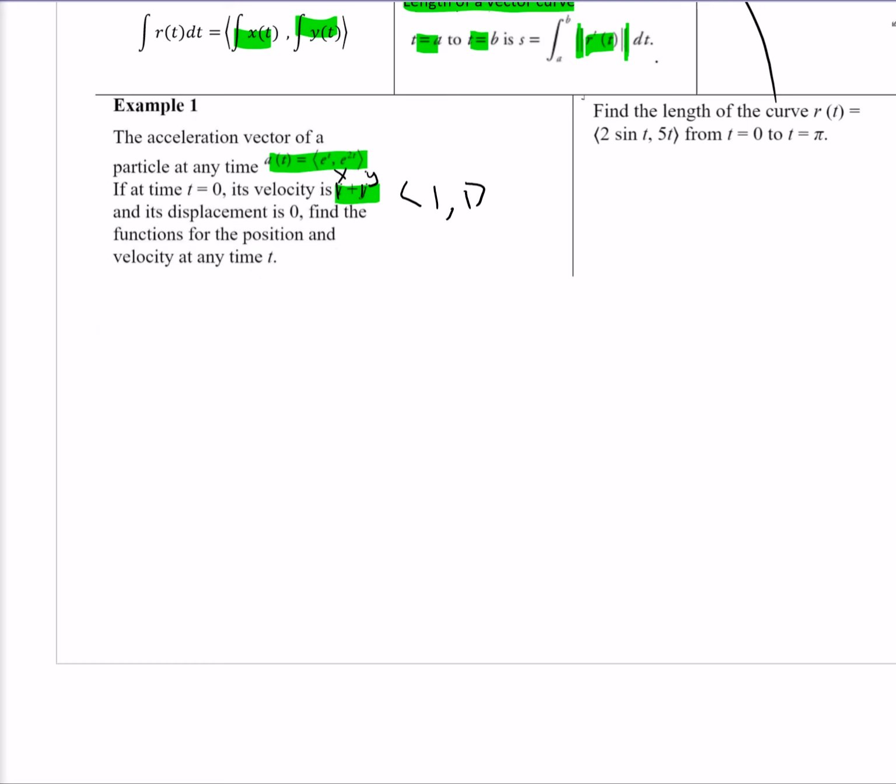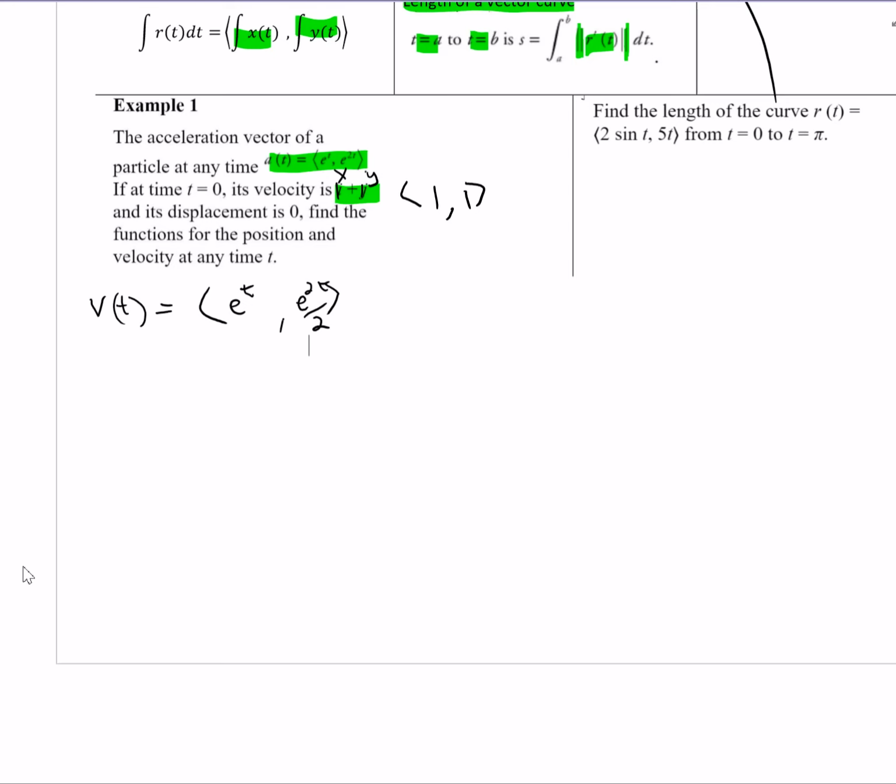So what we have to do here is, since we're trying to find velocity, we need to integrate the acceleration, right? So the velocity is going to be the integral of the x piece and the y piece, which turns out just to be e to the t and e to the 2t over 2, right? Just integrated the x piece and the y piece.